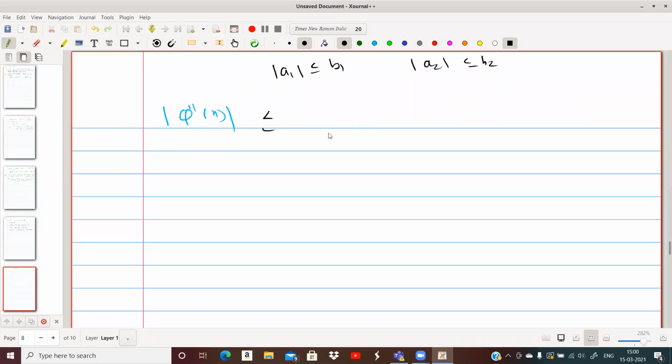We are going to put those values. So for mod of a1, you write b1, that is the non-negative constant, into phi 1 dash x plus b2 into phi 2 x, not phi 2 dash, just phi 2 x. This is the phi double dash mod less than or equal to. Okay, I call this statement star.